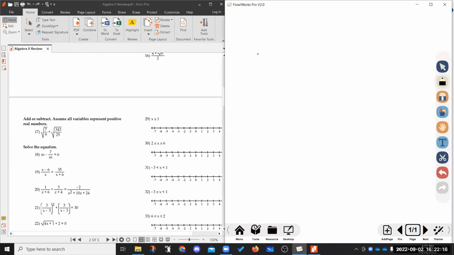Trying to add or subtract these roots. We have the square root of 7/9 plus the square root of 343 over 25.